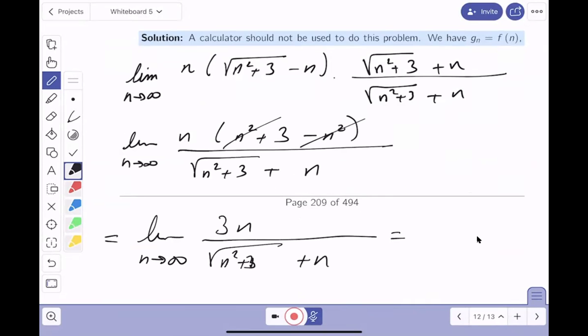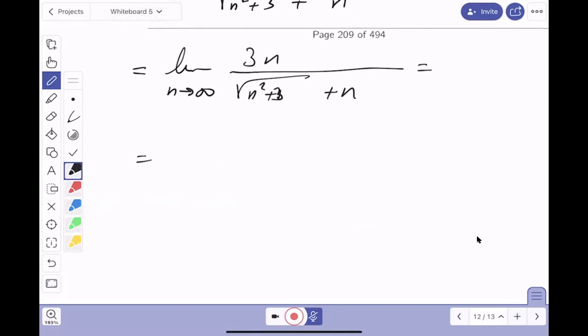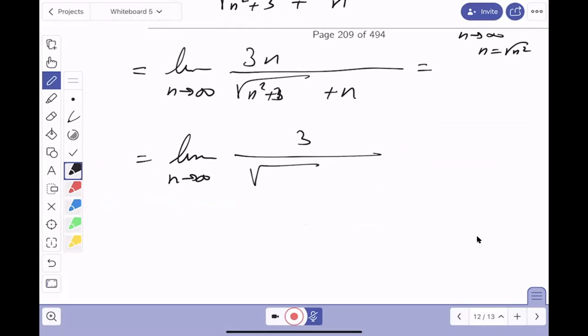Well, I'm going to divide top and bottom by n. And by the way, n's going towards infinity, so it's definitely positive. So n is equal to the root of n squared. All right, so you get 3. The bottom would be, divided by the root of n squared, 1 plus 3 over n squared. And divided by n would be 1. So what do you get over there? 3. All right, let's go to the next page.